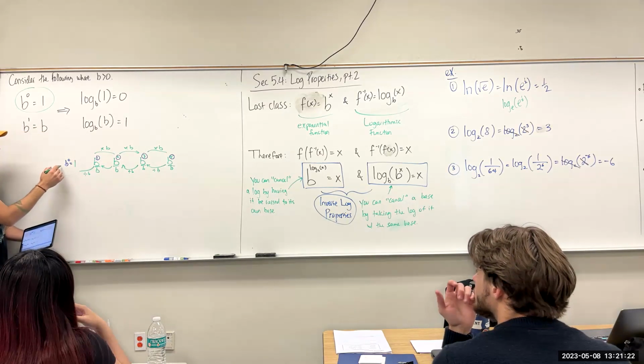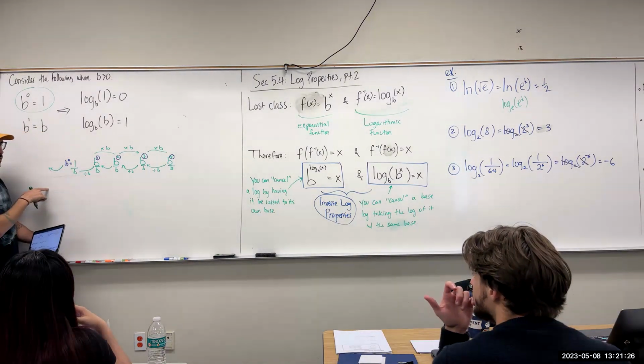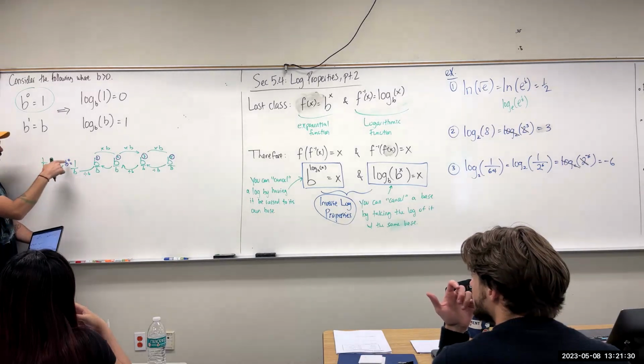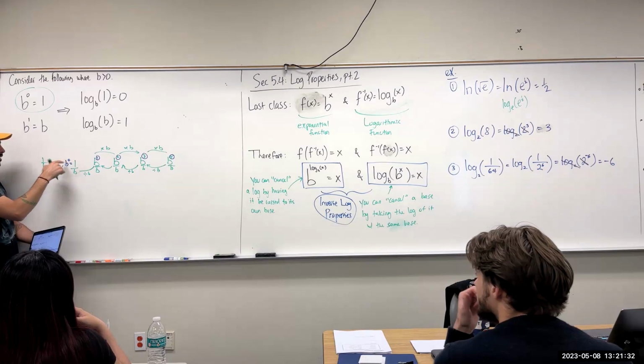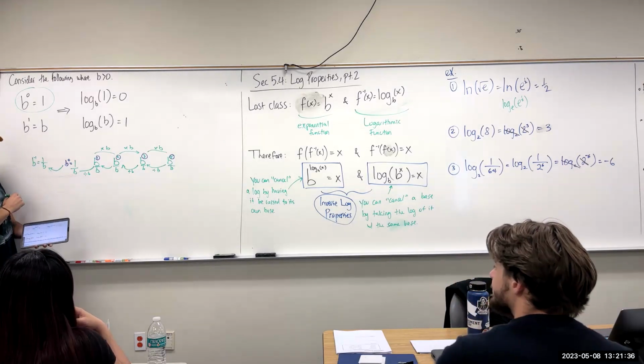And then let's see, what happens if I keep going? 1 divided by B is going to be 1 over B. But if I continue the pattern of these exponents, that should be B to the negative 1, which is 1 over B, which is matching.